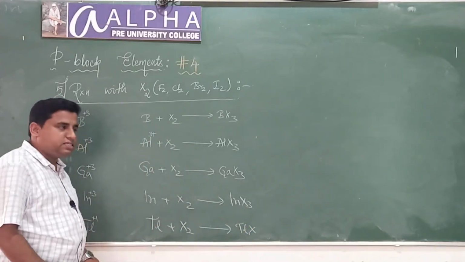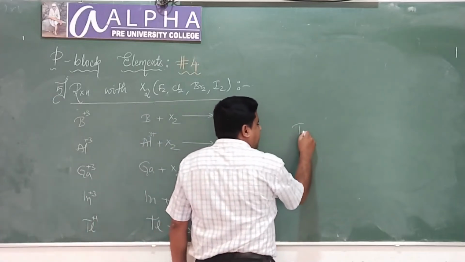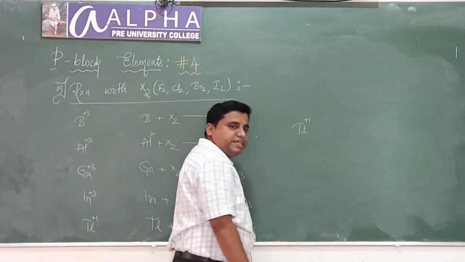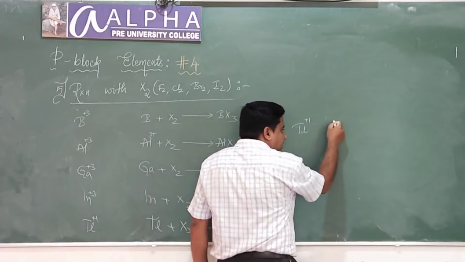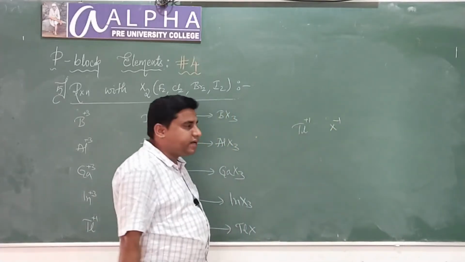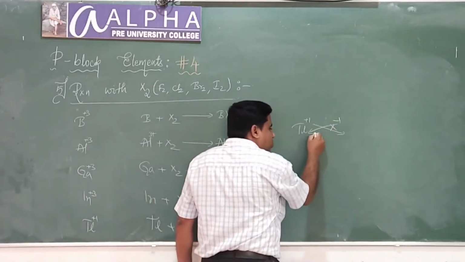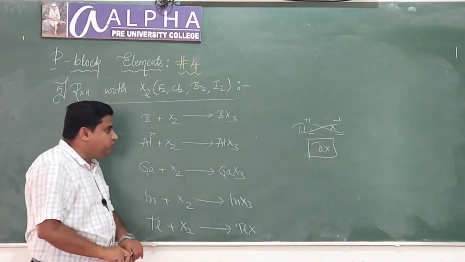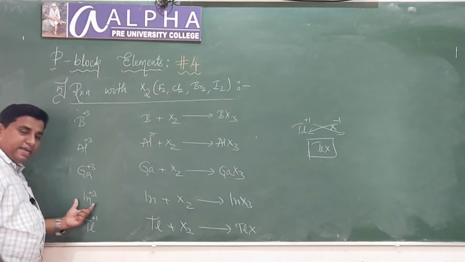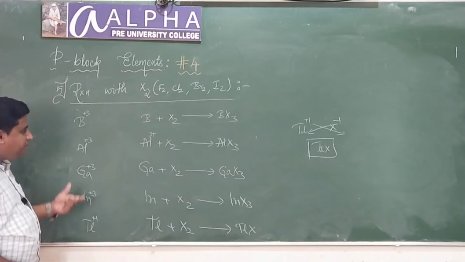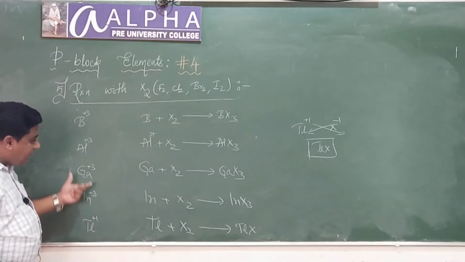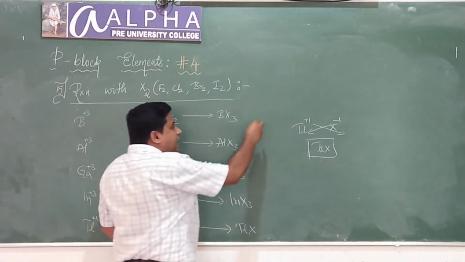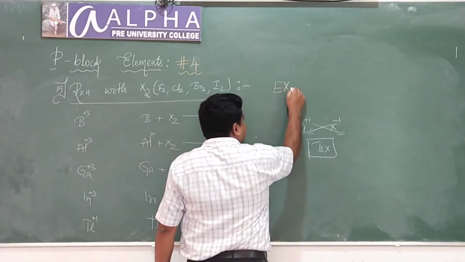Why TlX? Because thallium will be in +1 oxidation state, halogen in -1 oxidation state. Now cross multiply, what are you going to get? TlX. So from boron to indium, these elements react with halogens to form halides of the type EX3.